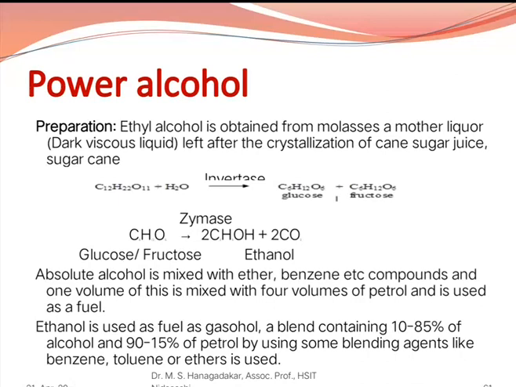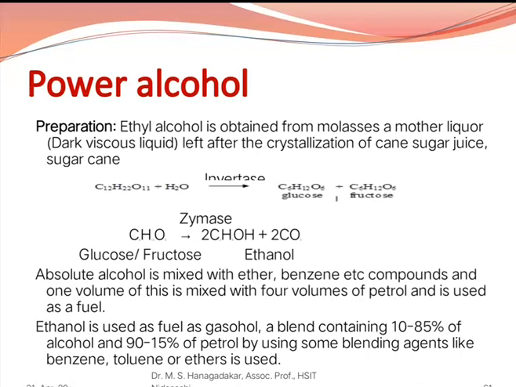We can do the blending in the proportion of 10 to 85 percent alcohol and 90 to 15 percent petrol by using some blending agents like benzene, toluene, ether, etc. Usually the normal petrol we are using contains around 10 to 15 percent of alcohol and the remaining is petrol, available in the market.